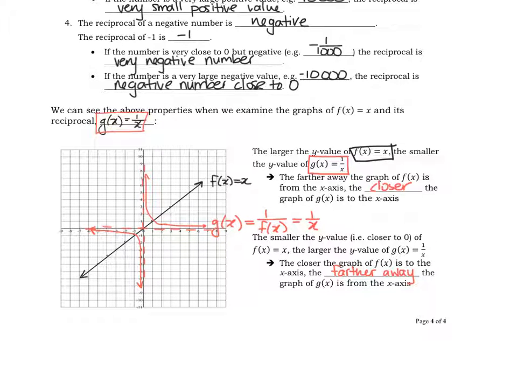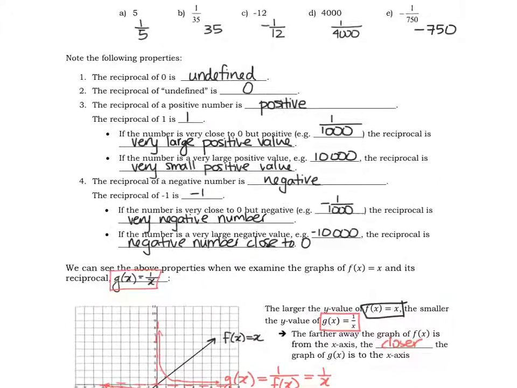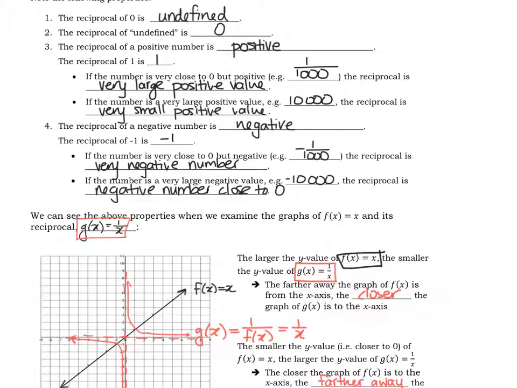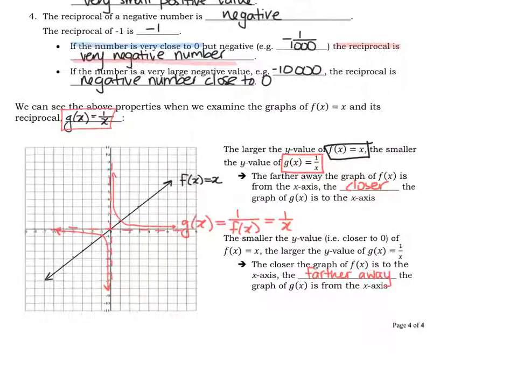And essentially this means what we saw at the top of the page. So over here, when we say the number is very close to 0, then that means that the reciprocal is going to get farther away. That's what we end up seeing here.